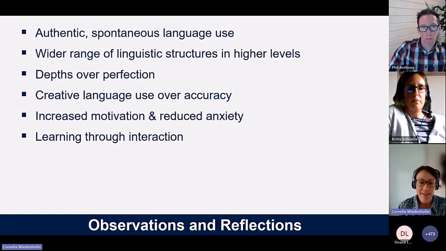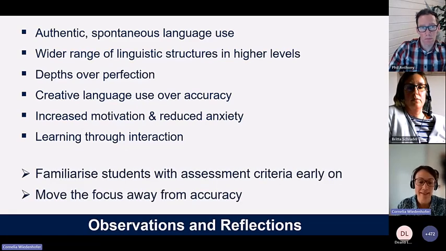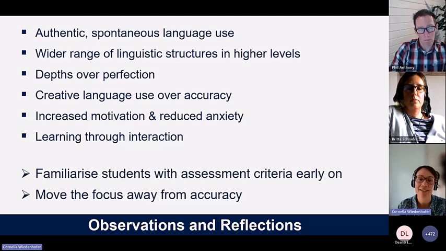So something we've taken forwards from all of this is it's really important to make the assessment criteria clear and explicit early on. Students need to know what they are assessed on to feel confident and in control. And second, when you use an AI task, we kind of have to shift the focus away from this grammatical accuracy more towards successful communication.